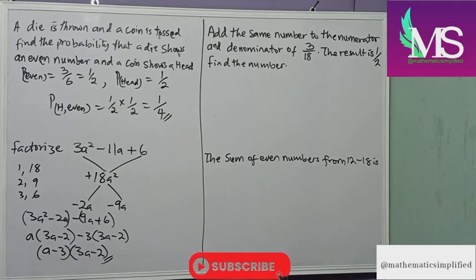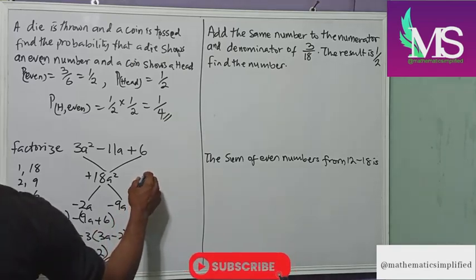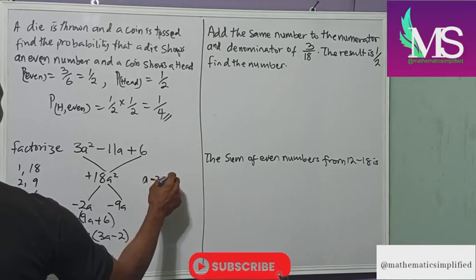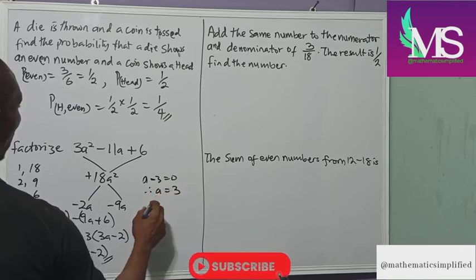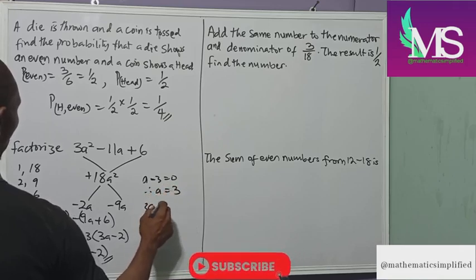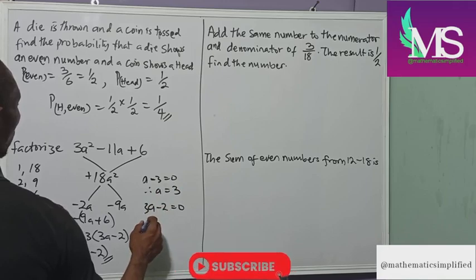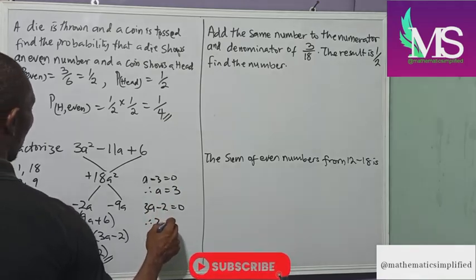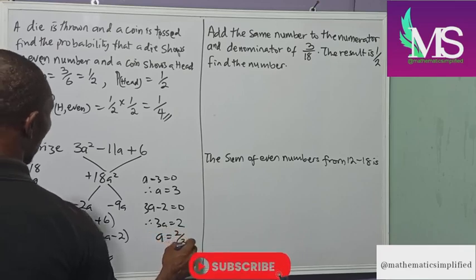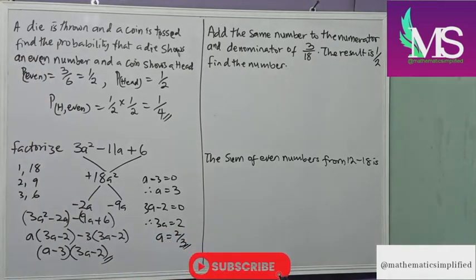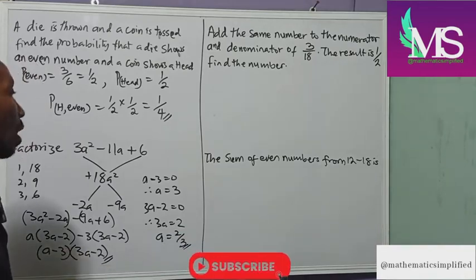Now we can go ahead to solve: a minus 3 equals 0, and so therefore a equals 3, and 3a minus 2 equals 0, so therefore 3a equals 2, a equals 2 over 3. Depending on what your options are.